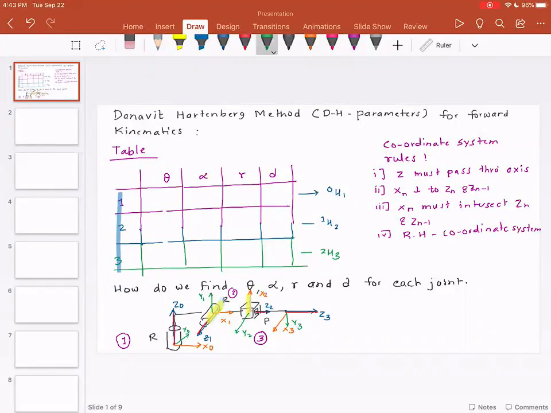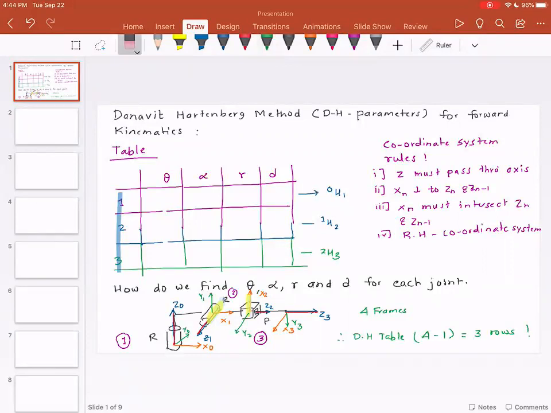Look at the number of frames. There are 4 frames. So the DH table will have 4 minus 1, 3 rows.